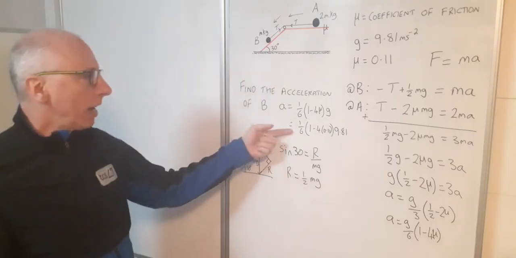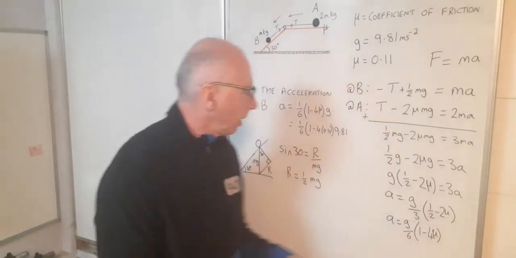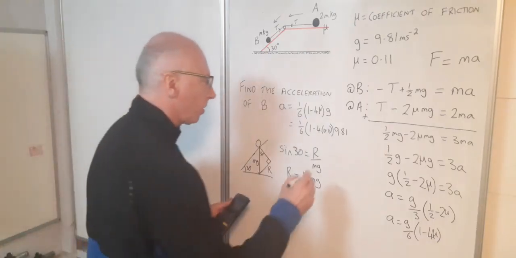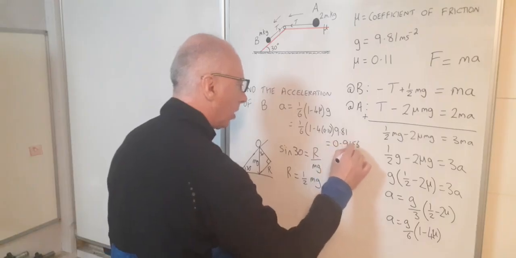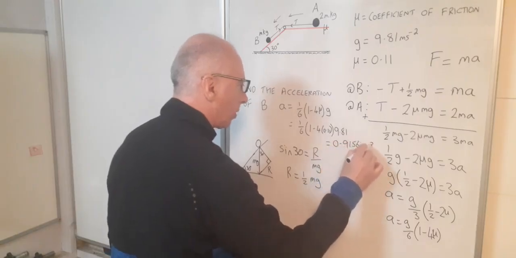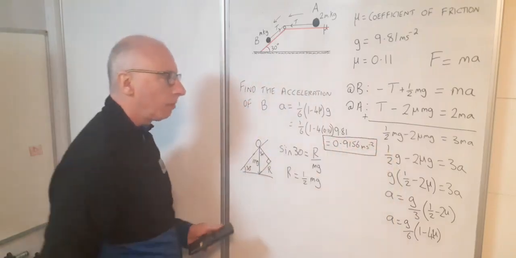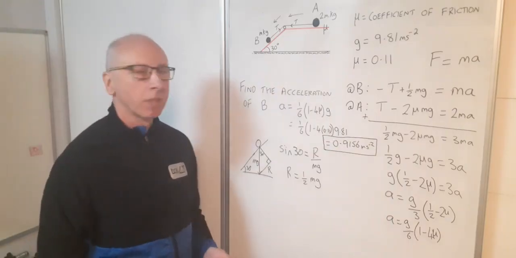So plugging all that into my calculator, let's have a go at that. Approximately 0.9156, and that's meters per second squared. So the acceleration of this system is 0.9156 meters per second squared.